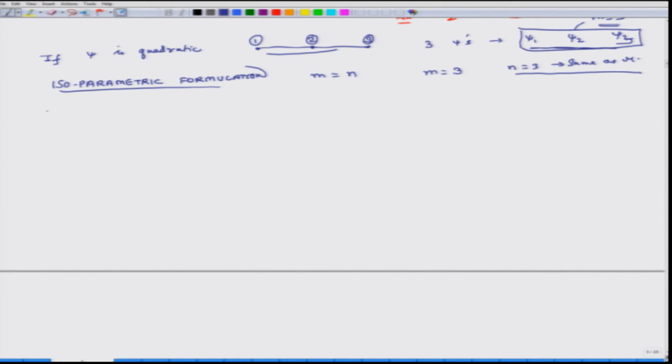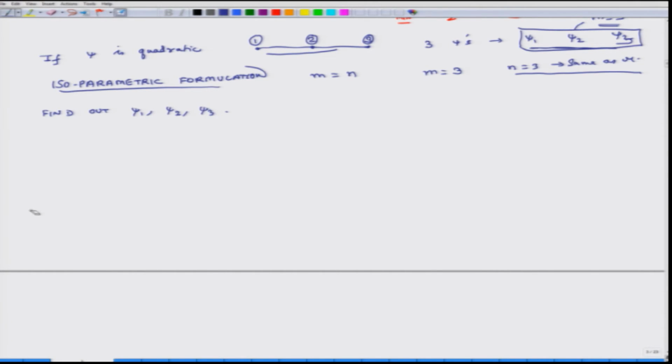So, the first thing we will do is find out psi 1, psi 2, psi 3. Now, in the last week, we had discussed how we can develop formulas for these 3 psi's. So, I am going to write down the expressions directly.